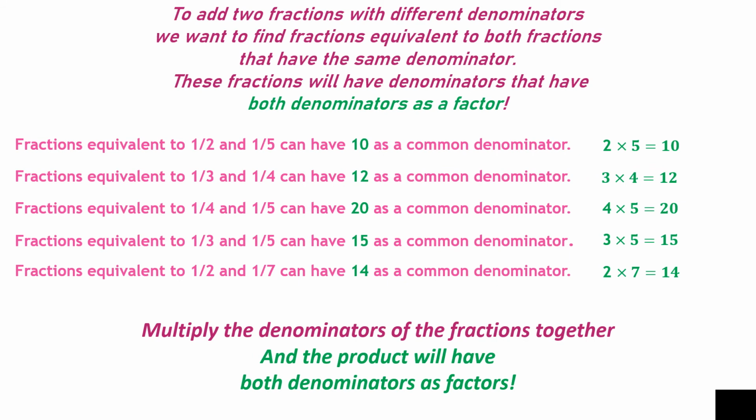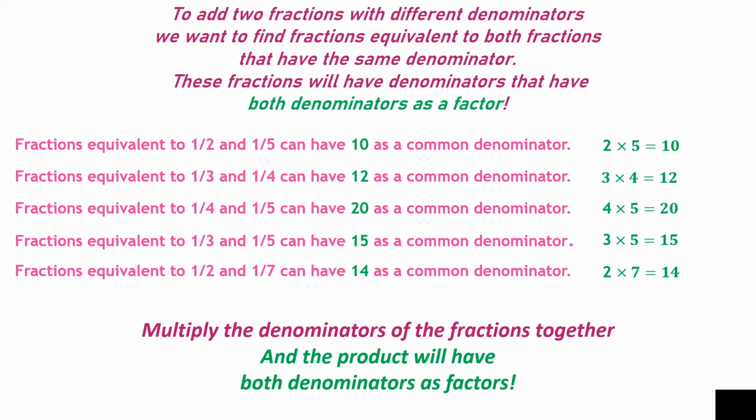So we've already learned quite a few things. First is that if we want to add 2 fractions with different denominators, we should find fractions equivalent to the fractions we want to add, and that these fractions should have the same denominator.